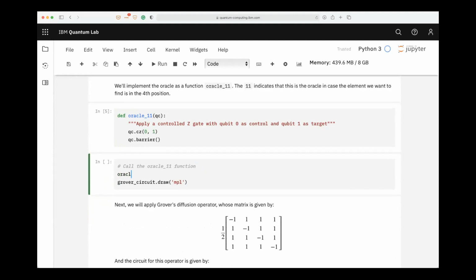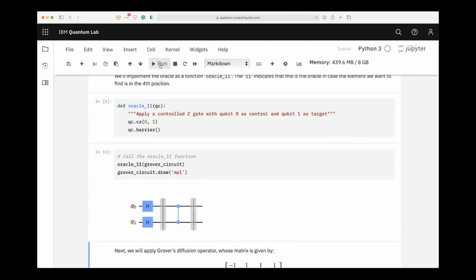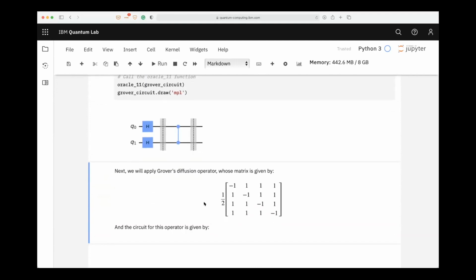So I will do oracle 1-1 on our Grover circuit. This is going to stack that control Z gate and then another barrier onto our circuit. And now we'll draw it again to see what this looks like. There we go. Again, we're building up to that full circuit that we saw a picture of.